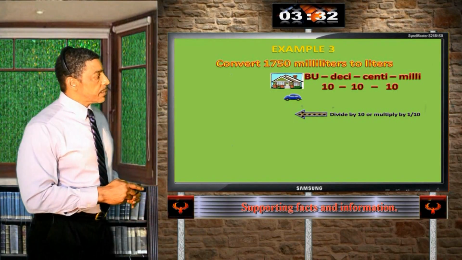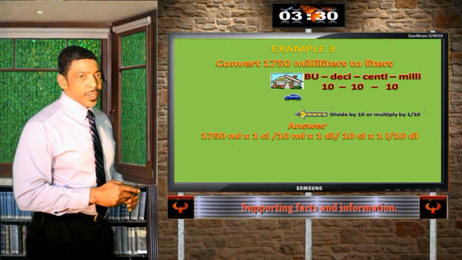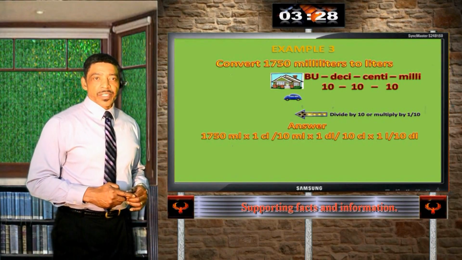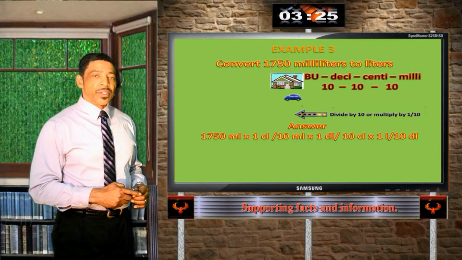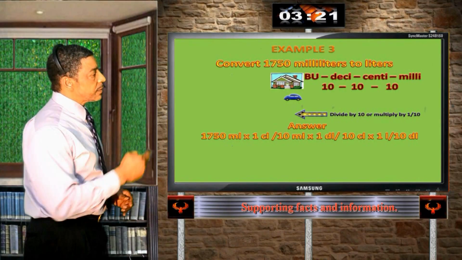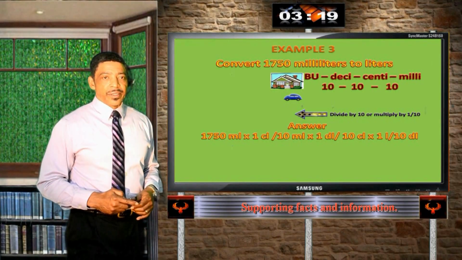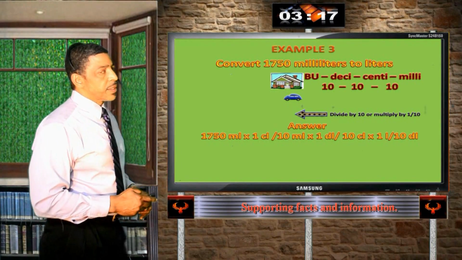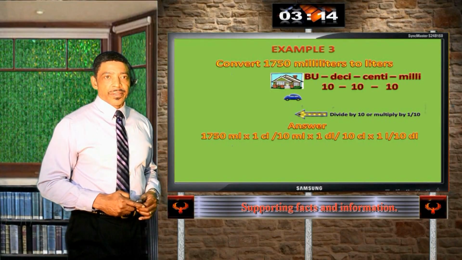The numerical setup for calculating the answer is written as follows, where we multiply 1,750 mLs times 1 centiliter per 10 milliliters times 1 deciliter per 10 centiliters times 1 liter per 10 deciliters.